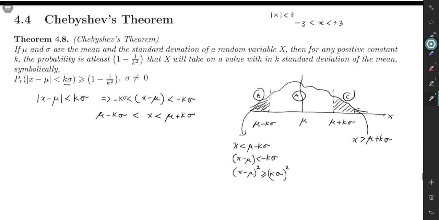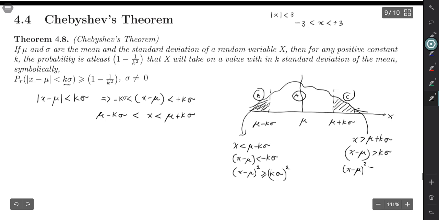The sign changes because when you square a term, it becomes a positive value. On this side, what do you get? x minus mu greater than k times sigma. No problem here, both are positive. So if you take the square term, still you have the square greater than or equal to k sigma square.